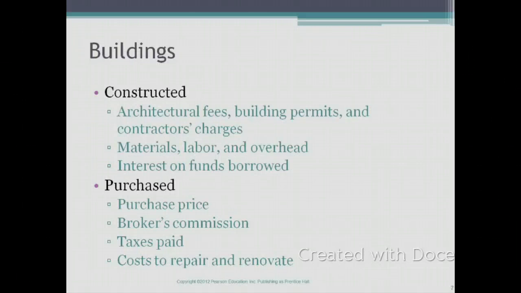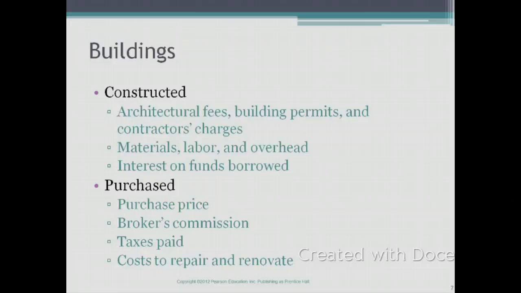Let's look at buildings. If buildings are constructed, architectural fees, building permits, contractors' charges, materials, labor, overhead, and also any interest on funds you borrowed to build that building will be part of the cost of the building. If you purchase a building, you would include your purchase price, any commissions that you paid, any taxes that you paid, and again, any costs to repair and renovate the building.